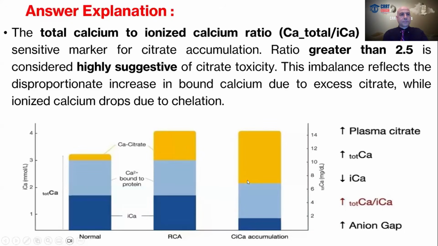When there is accumulation of citrate, the calcium citrate complex will increase at the expense of the ionized calcium, leading to a total calcium to ionized calcium ratio greater than 2.5. This is in citrate toxicity or accumulation.